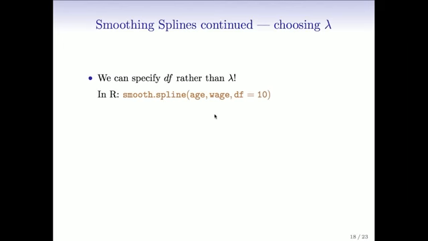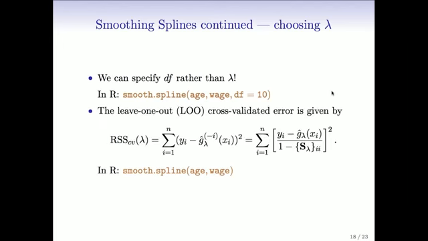You can say I want a smooth.spline of age and wage, wage is the response, with degrees of freedom equals 10. So the way to think of that, it's like a polynomial of degree 10, it has about that complexity, but it's smoother. The degrees of freedom are not all spent on 10 polynomial terms, rather spread out over the whole spectrum of the function, from smooth to rough. Very, very attractive way of fitting nonlinear functions.